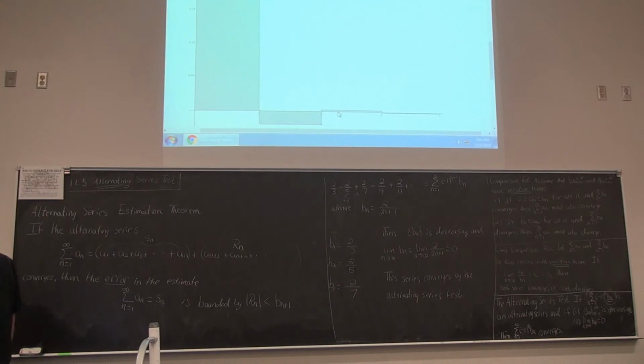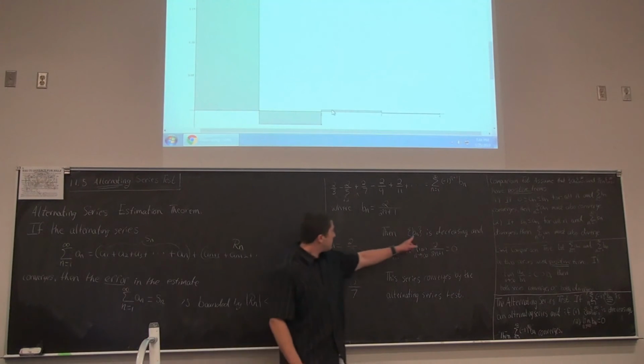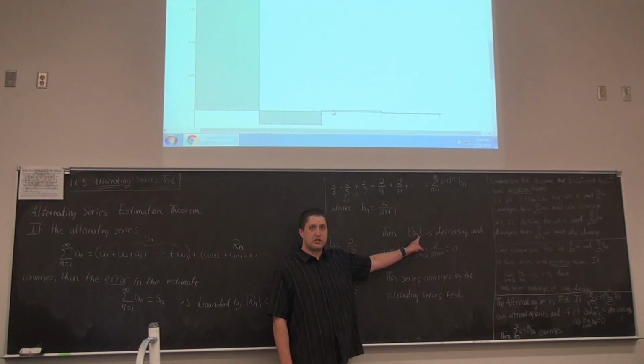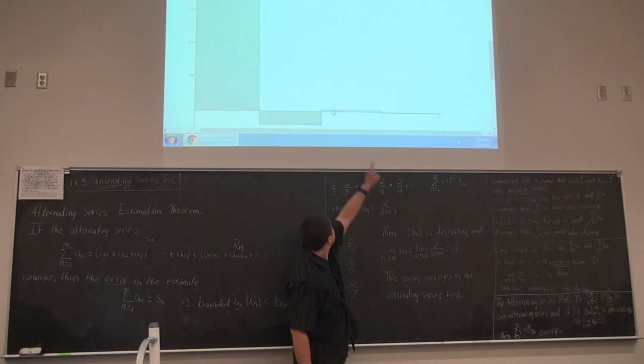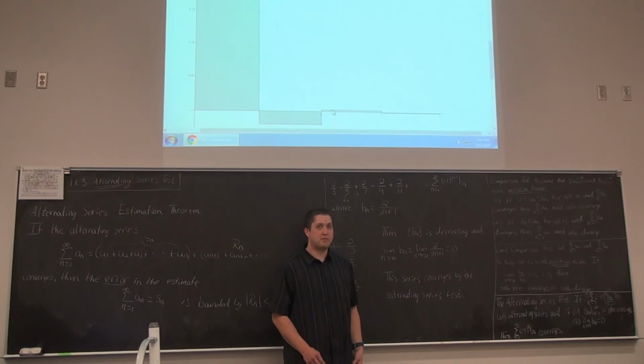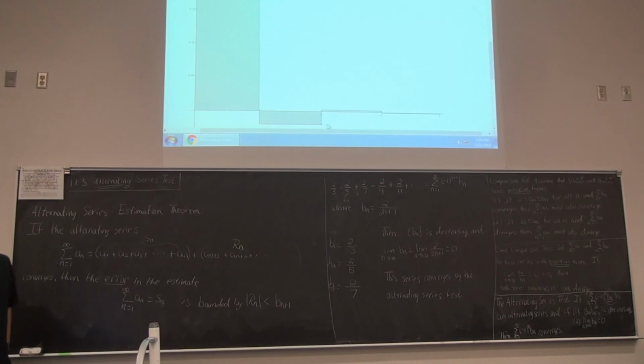Then every other term is going to be smaller in height. That's just because of the fact that the sequence has to be decreasing if it converges by the alternating series test. So the height of all those rectangles gets smaller and smaller as we go. So the very next height after this one is always smaller, and the very next height after this one is going to be something that's hard to even see with the mouse on the pixel width.